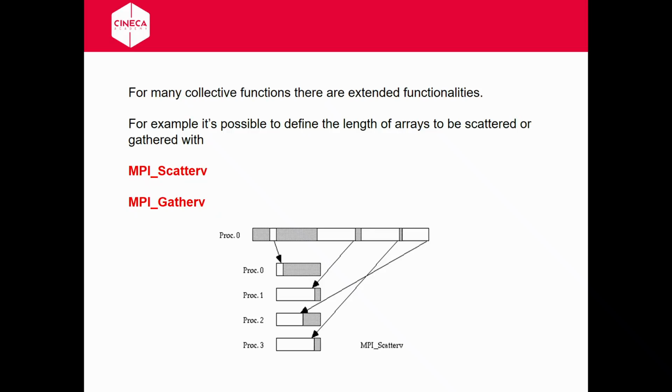You can divide your domain automatically using the most efficient division, or with these functions you can also decide the size of the block of data you have to send, and divide this block of data between the various cores with different sizes.